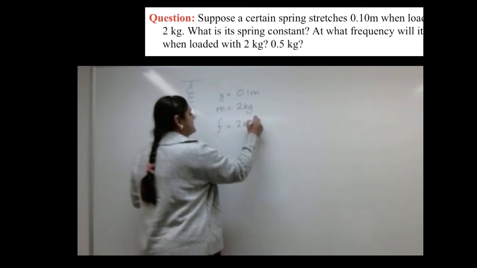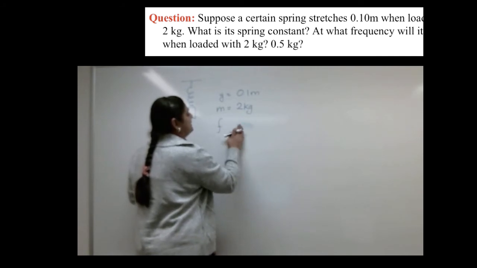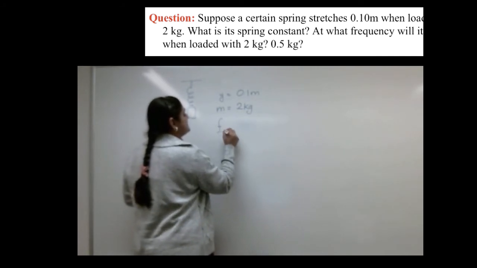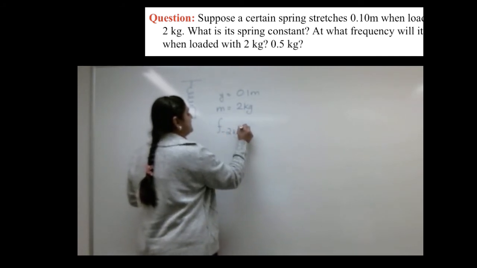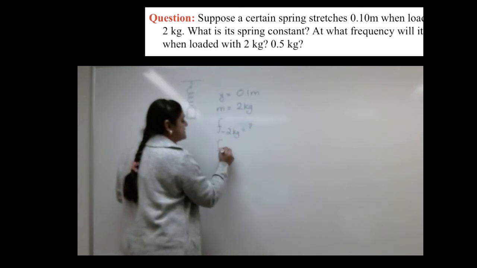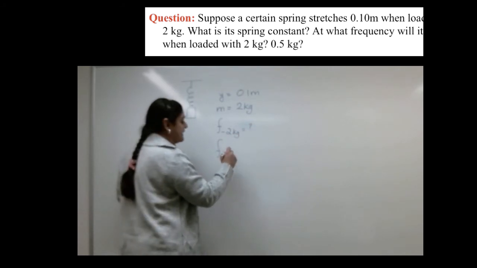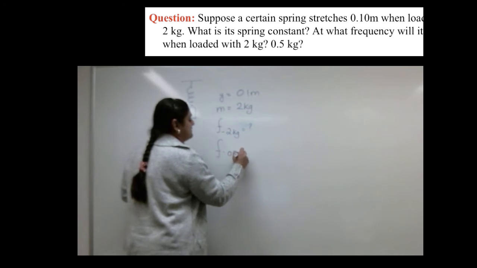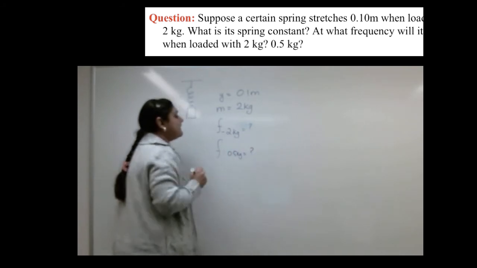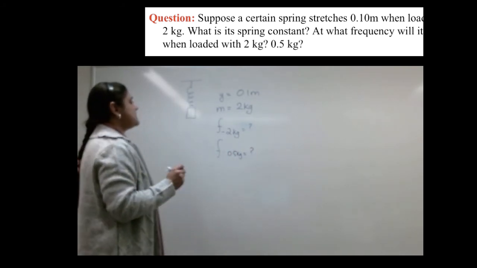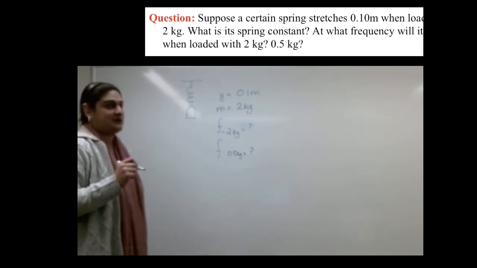I have to find the frequency when it is loaded with a 2 kilogram mass and the frequency when it is loaded with a half kilogram mass. What is the formula for the frequency of a mass attached to a spring?